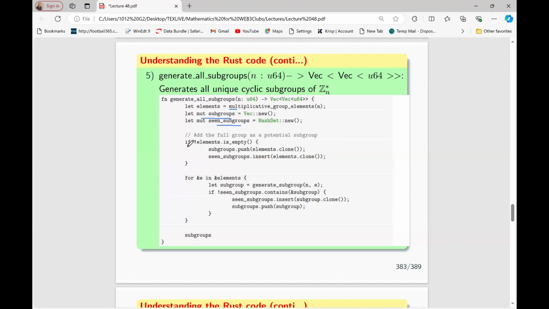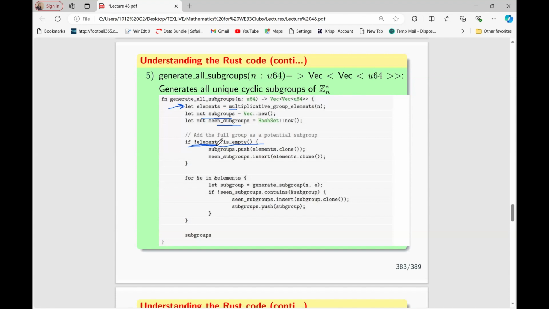Then it says, if the elements is not empty, this is the elements. If the elements is not empty, is how we read that.